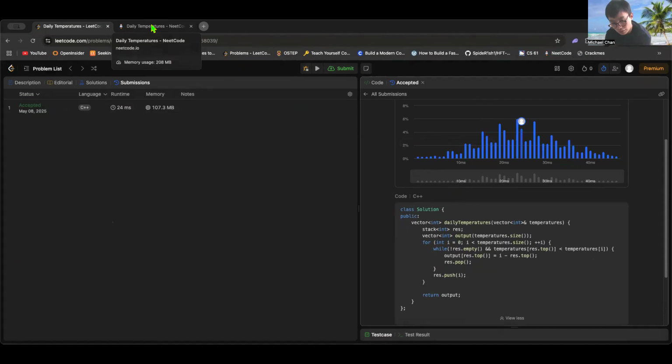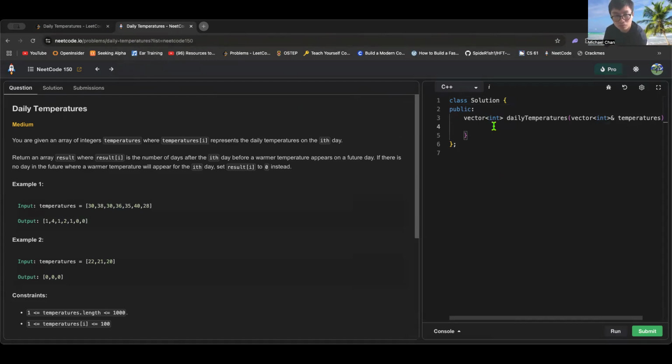Okay. Stack in result. I don't want to be doing leetcode, to be honest.